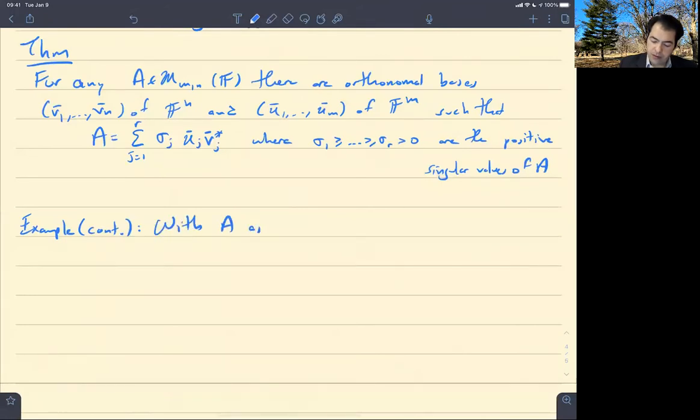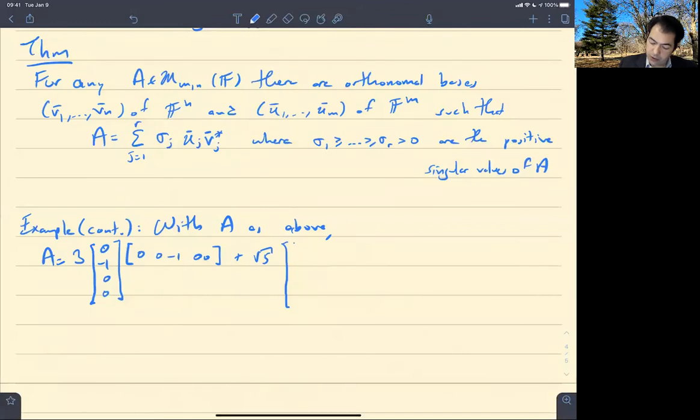So with the same A as above, I can write A as 3 times the matrix product of the vector 0, minus 1, 0, 0 with the row vector 0, 0, minus 1, 0, 0, and then square root of 5 times the product of 1, 0, 0, 0 with the row vector 1 over square root of 5, 0, 0, 0, 2 over square root of 5, and then plus 2 times the matrix product of the vector 0, 0, 0, minus 1 with the row vector 0, minus 1, 0, 0, 0.